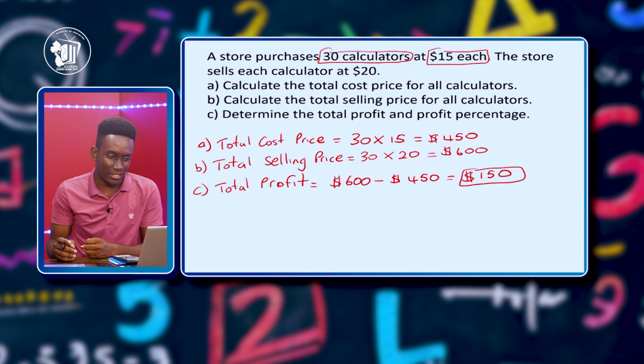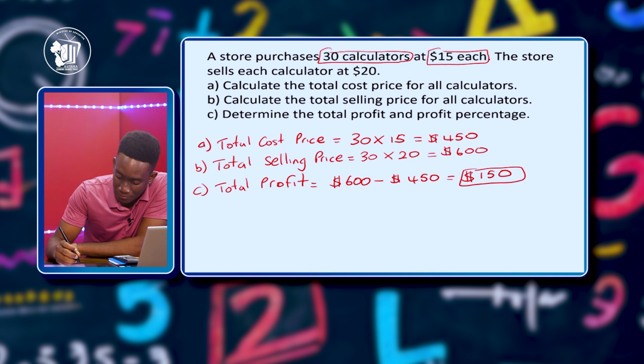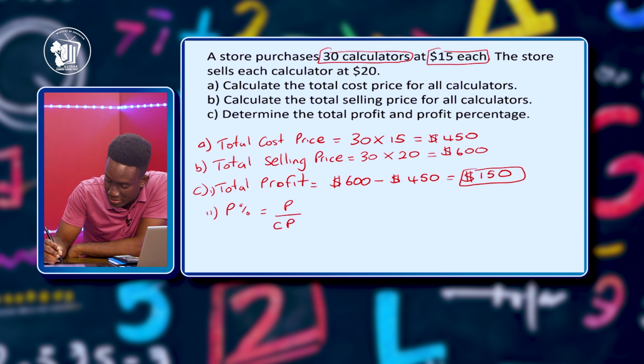Next, they want us to calculate the total profit percentage. So you can call this part A, let's call this part 1, let's call this part 2. Profit percentage now would be the profit over the cost price multiplied by 100. So the profit would be 150 over the cost price. The total cost price was 450, multiplied by 100.